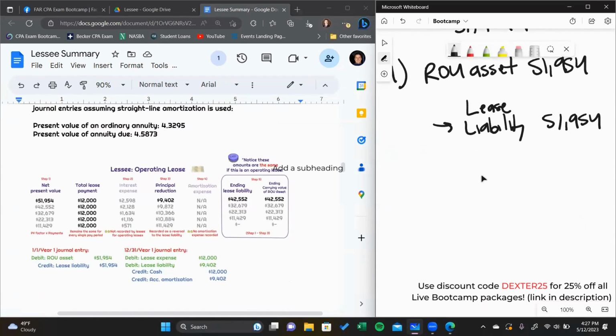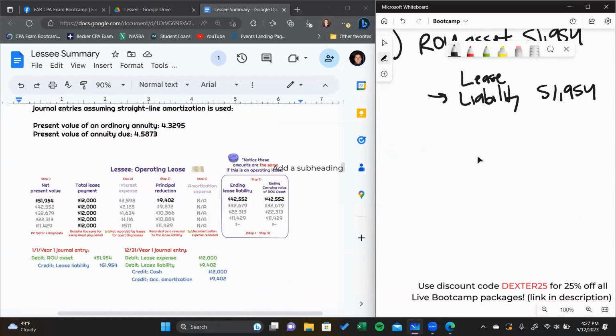Now we're going to set up a table like we did for bonds. So the first step is I'll put LL for lease liability. And then interest expense. I'll put principal.